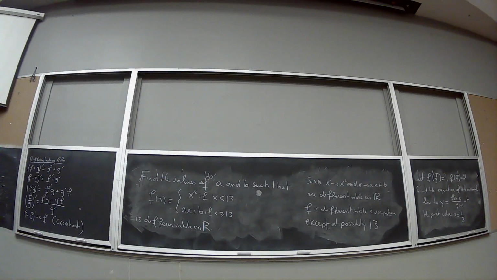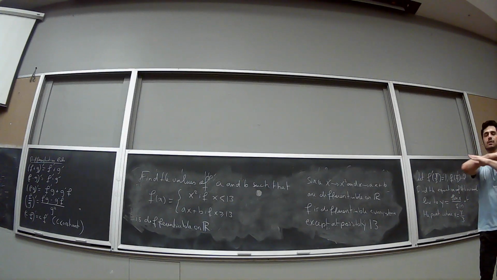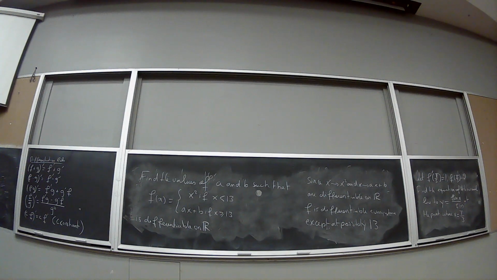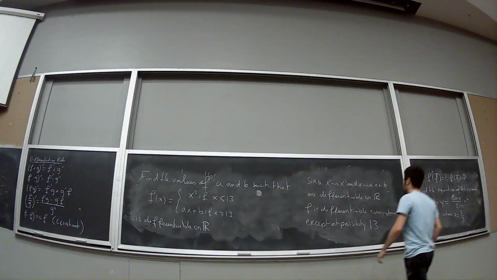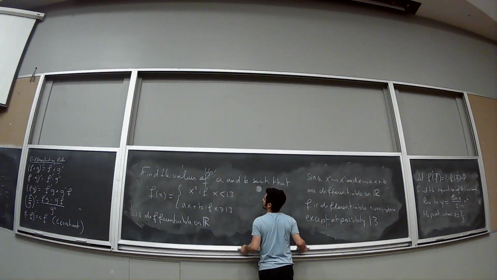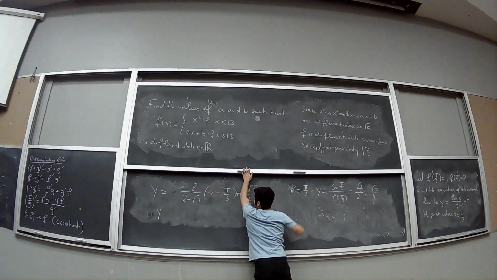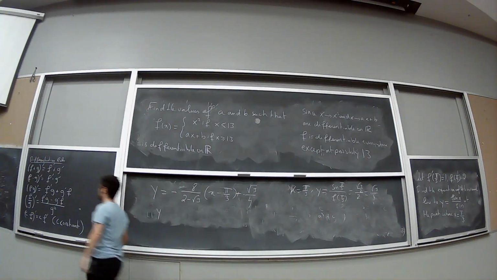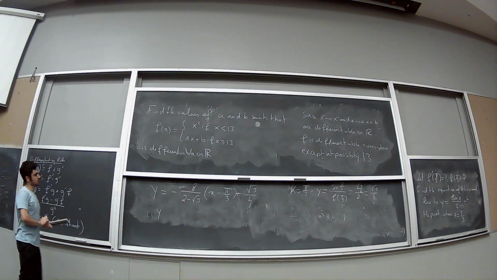We had a piecewise defined function. If it's composed of parts that are continuous everywhere, the only possible points where f could be discontinuous are the points where it changes. And here it's the same thing. Great. Possibly 13. Now, how do I check that f is differentiable at 13?